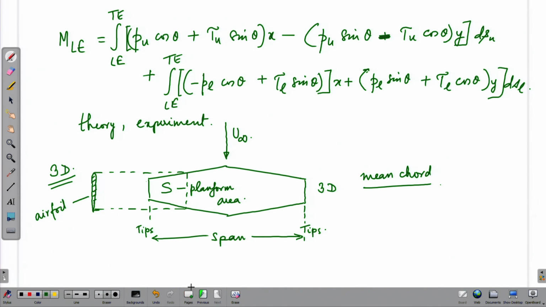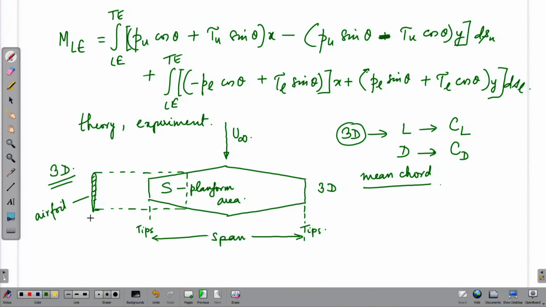As long as we deal with 3-dimensional bodies, the coefficients that we generate by non-dimensionalizing the forces and moments are going to be indicated by capital letters. So, let us say we non-dimensionalize the lift and we represent it as a coefficient. That coefficient will be called capital C suffix L. For drag, it would be capital C suffix D and so on.